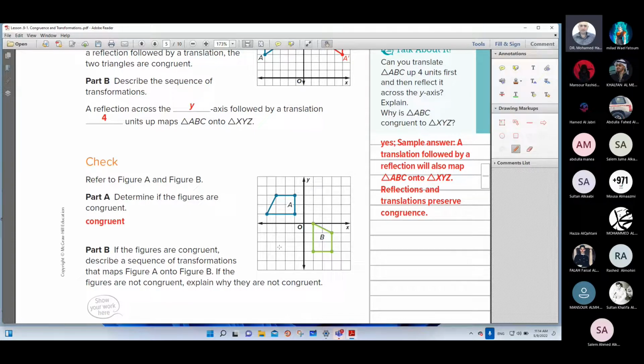Yes, Samira? Mister, I said that this is rotation. Reflection and translation. Thank you, Abdullah. Who else?